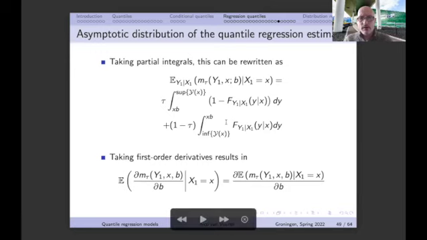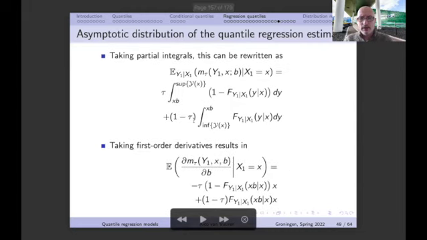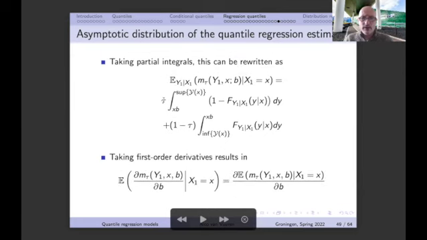Here again we are going to use Leibniz rule, and that means, of course, that what we're going to get is, well, first of all, we are going to take the first order derivative of this term over here. Well, according to Leibniz rule, this actually doesn't depend at all on b, so we don't have to take that into account.